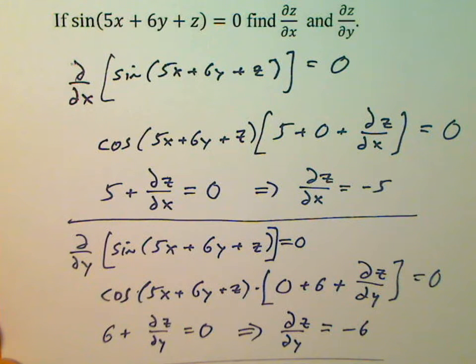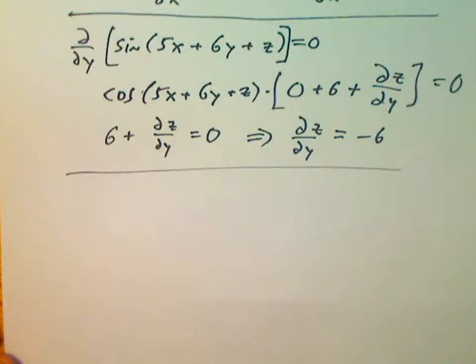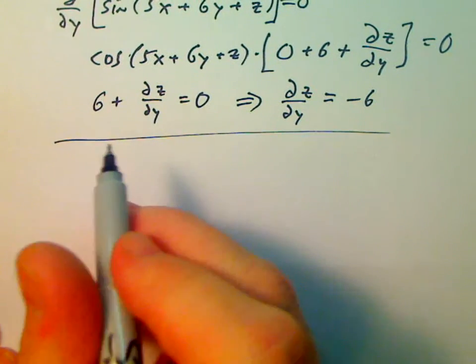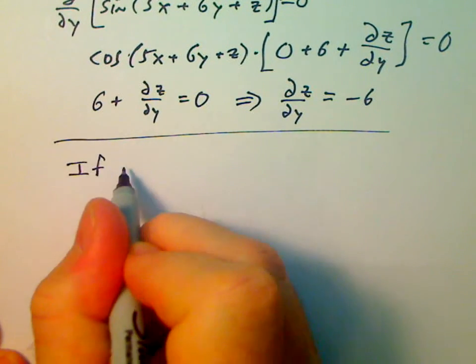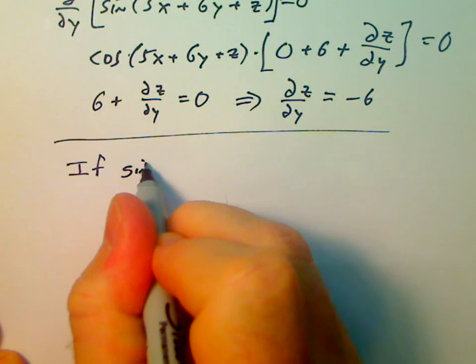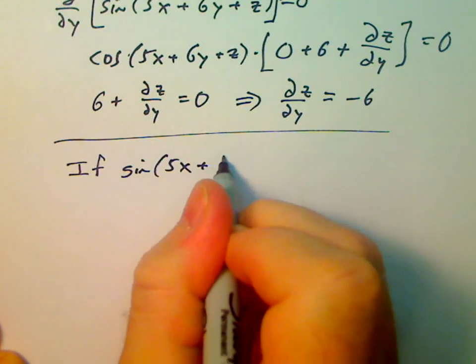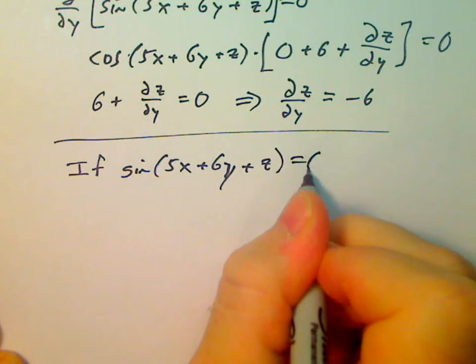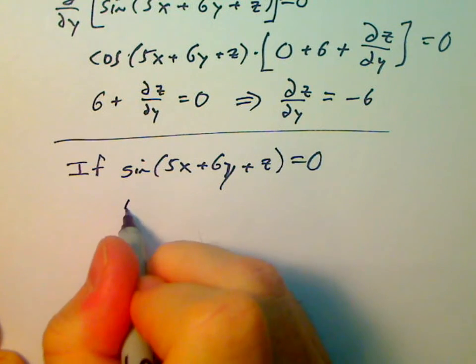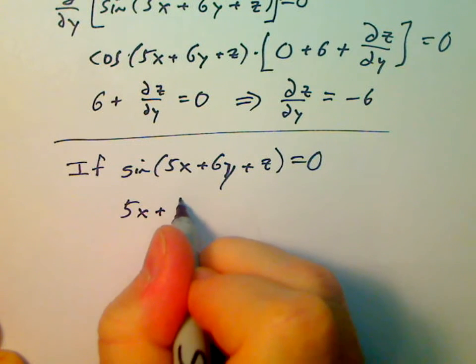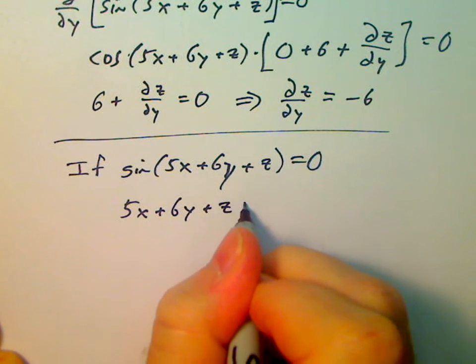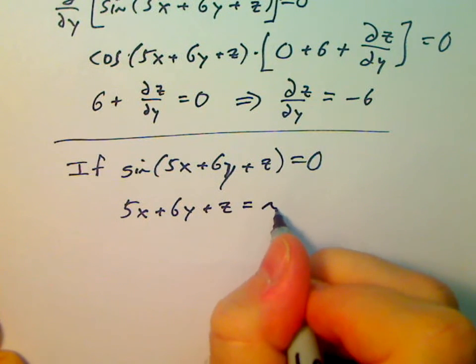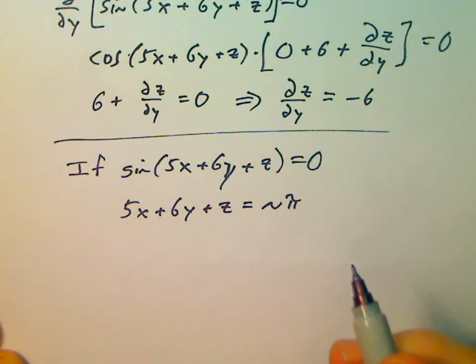If we wanted to, we could have done this another way, because I could say if sine of 5x plus 6y plus z equals 0, then 5x plus 6y plus z is some integer multiple of pi.